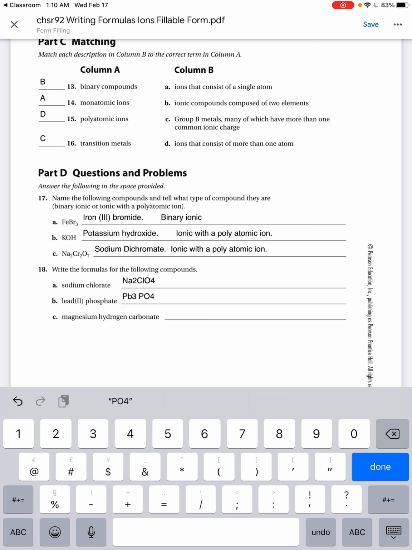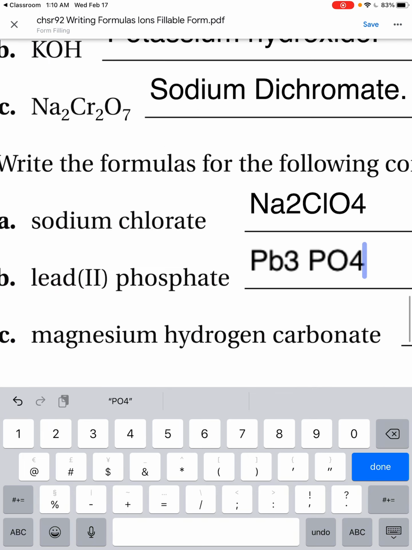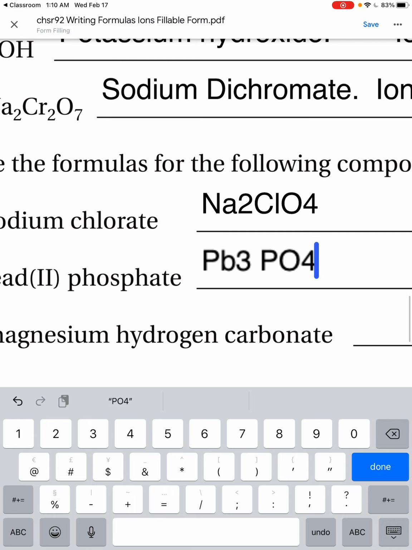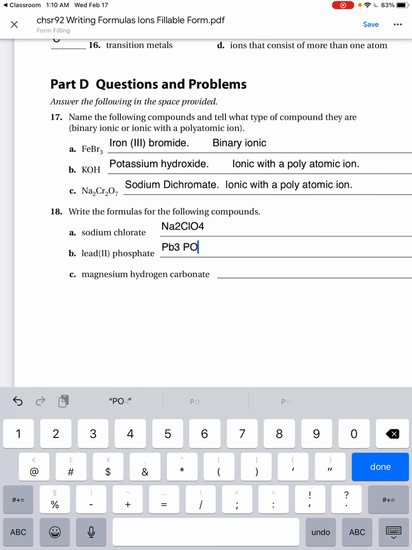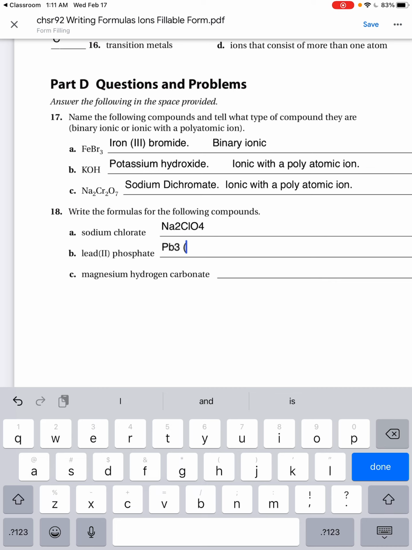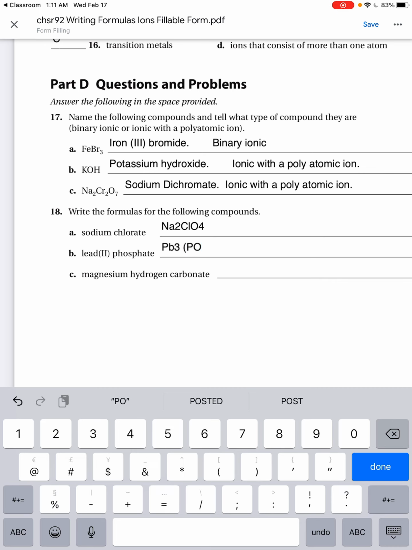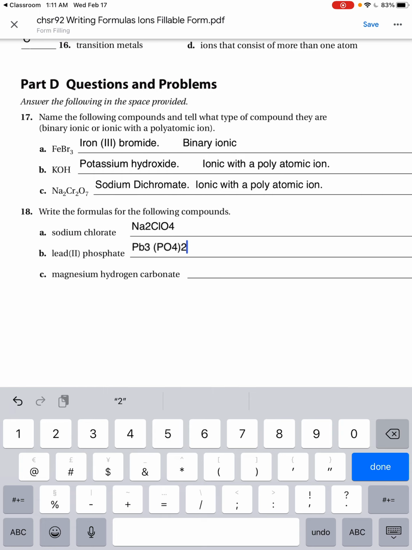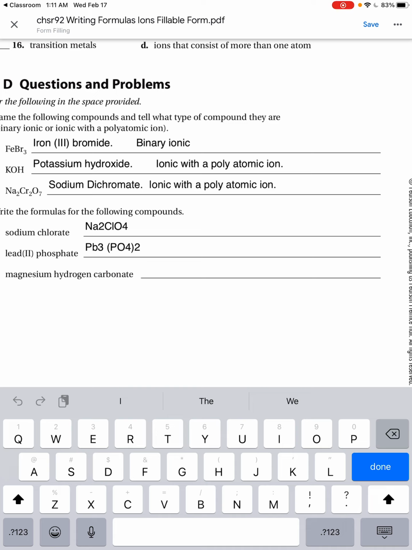And I forgot, I'm going to need to go back and do my parentheses and do my PO4, close parentheses, and I would need 2 of those because they are minus 3 each. Again, those numbers would be subscripts.